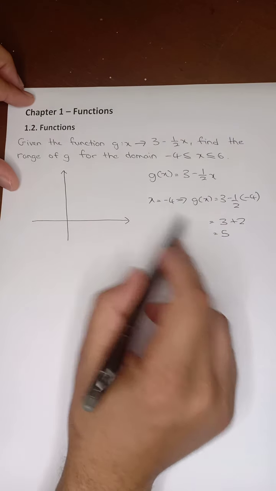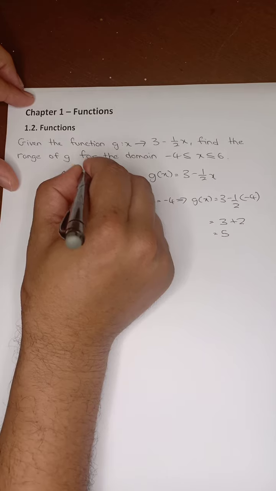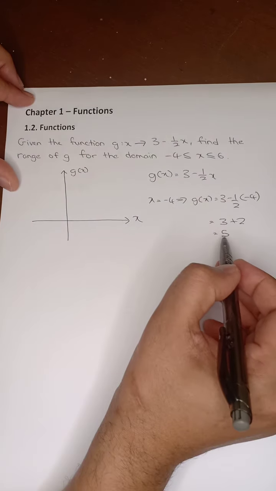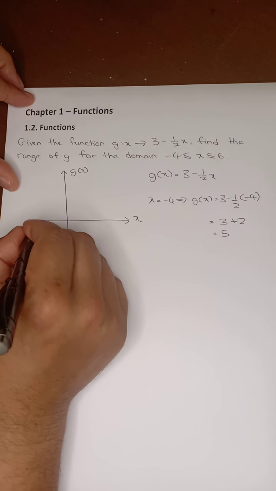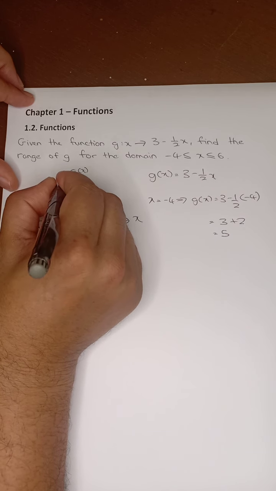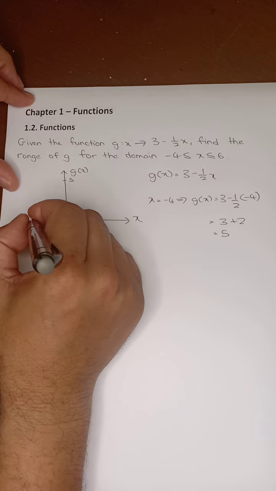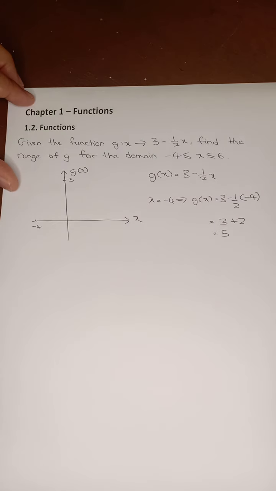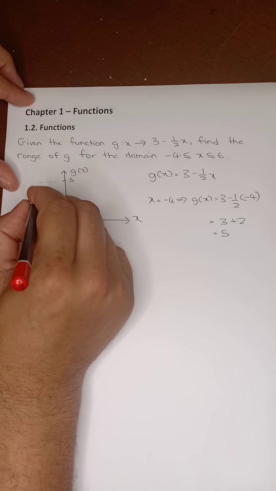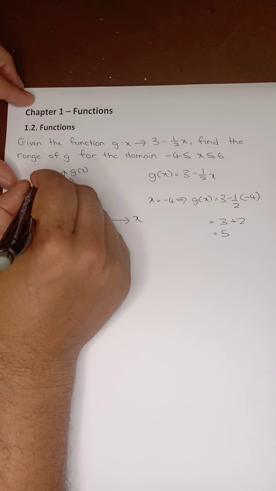So x is -4, g(x) is 5. I label the y-axis as g(x) and the x-axis as x. So somewhere here it's -4, and somewhere there it's 5. You can draw a dotted line maybe. So that will be our first point.